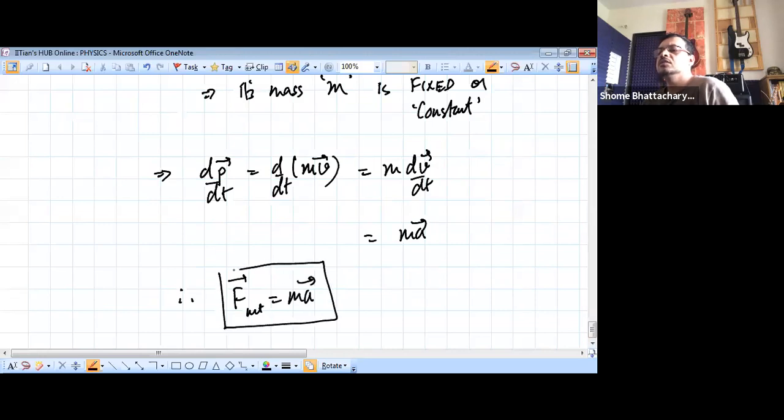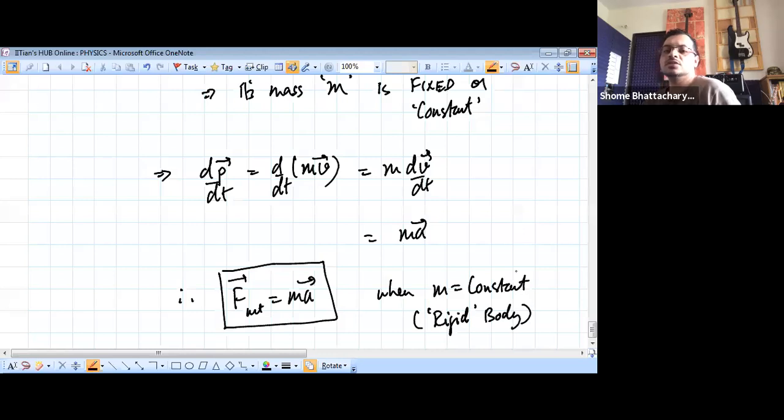But this is the case when the mass is a constant. So we are applying this to a rigid body, such that its shape, size and mass are not changing.